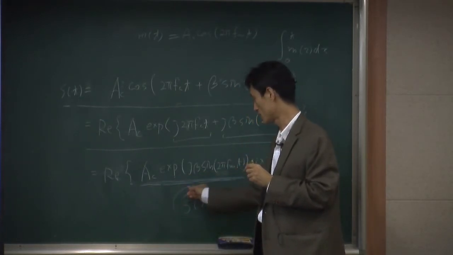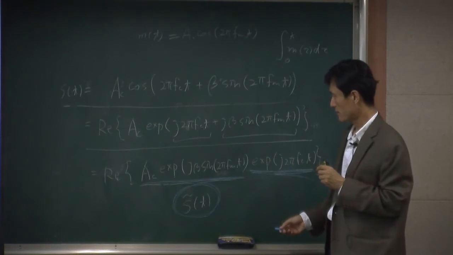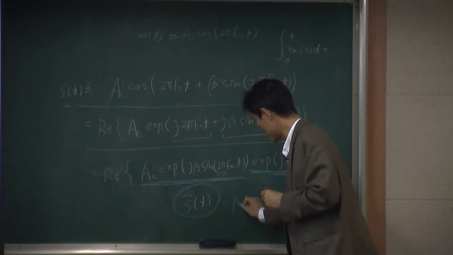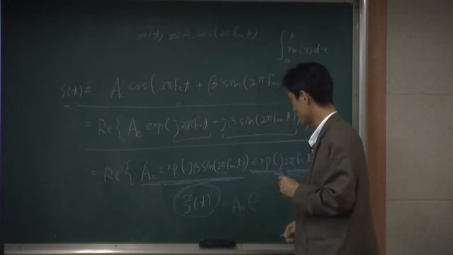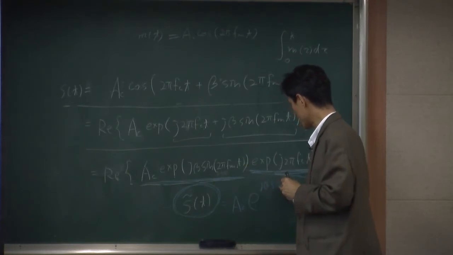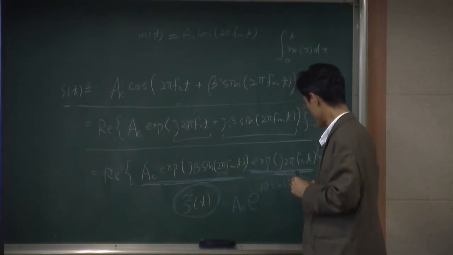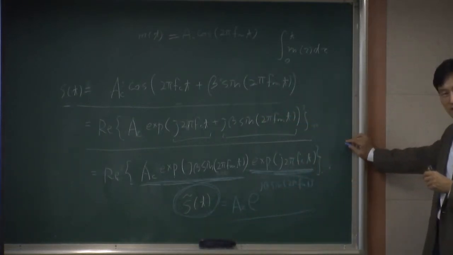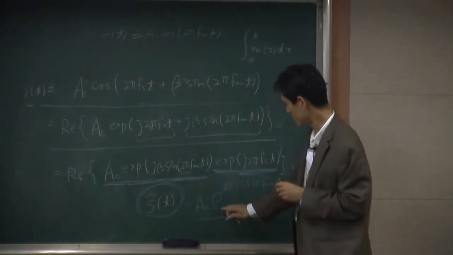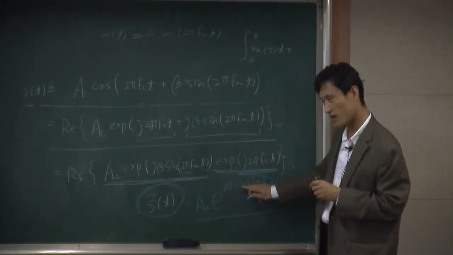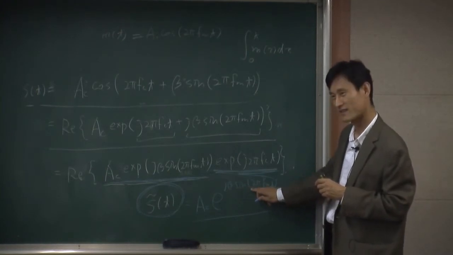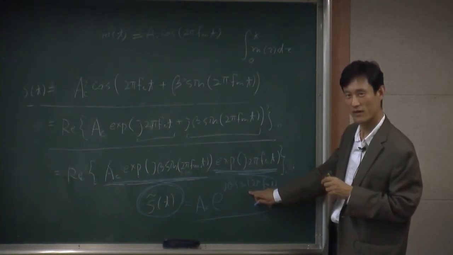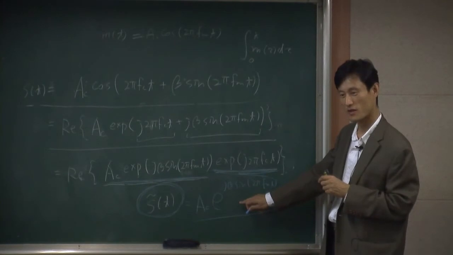This looks a little bit complicated, because it is AC times exponential j beta sine 2 pi fmt. That's our S tilde t. Have you seen this kind of equation? It is an exponential, and in the exponent you have a sine: exponential of j beta sine something. You haven't seen this equation before, right? This looks a little bit complex.